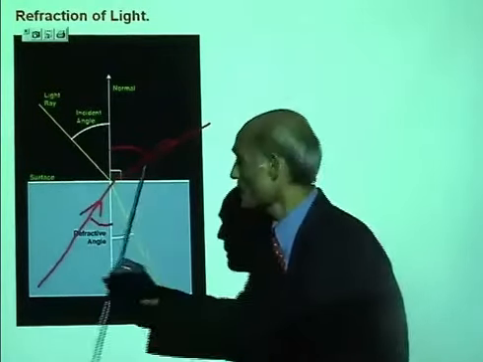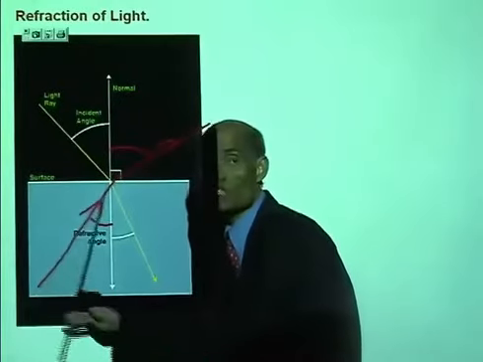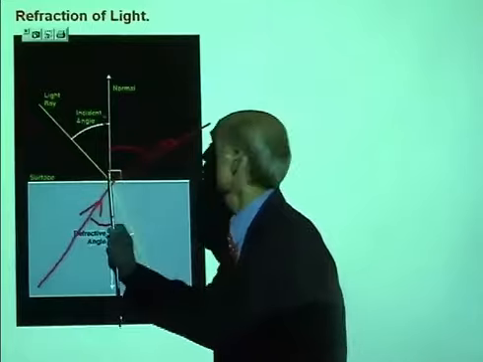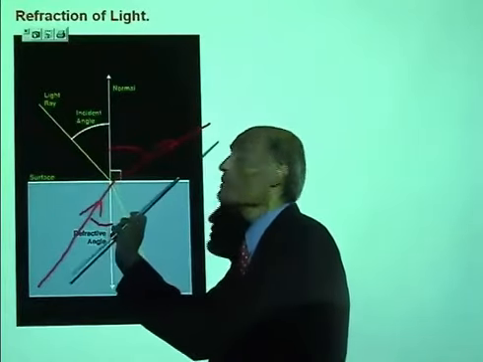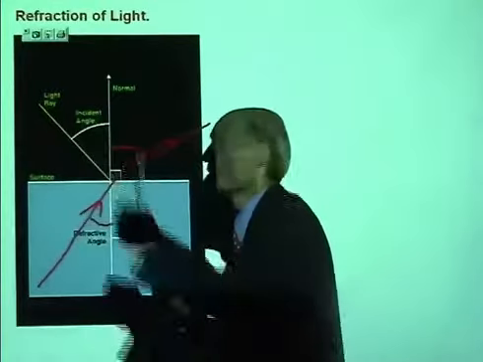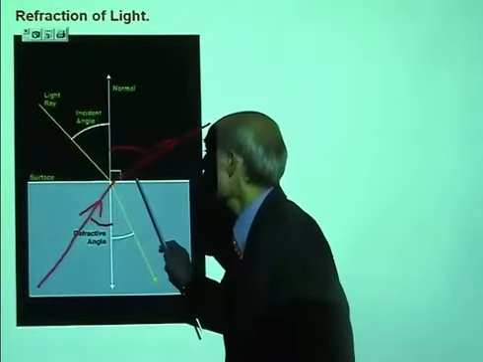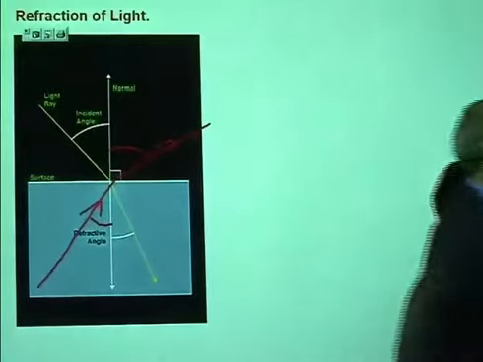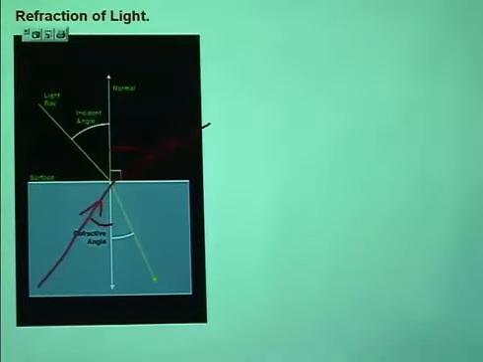On the other hand, if a ray of light is going from glass into air, it is going to bend away from the normal because its speed is going to increase. And so the angle of refraction is greater than the angle of incidence. Okay? Alright.